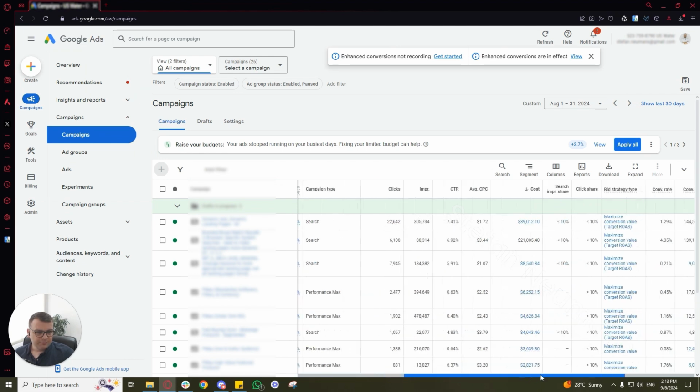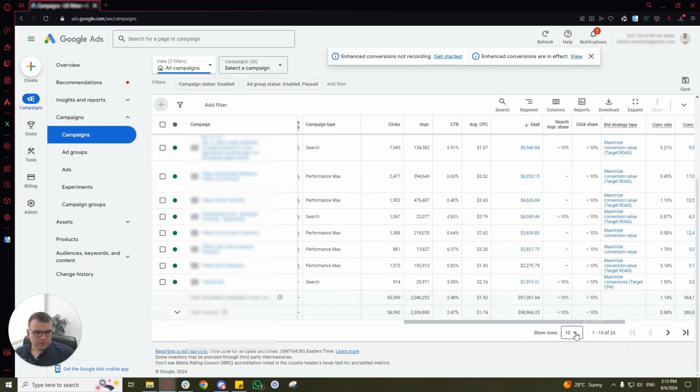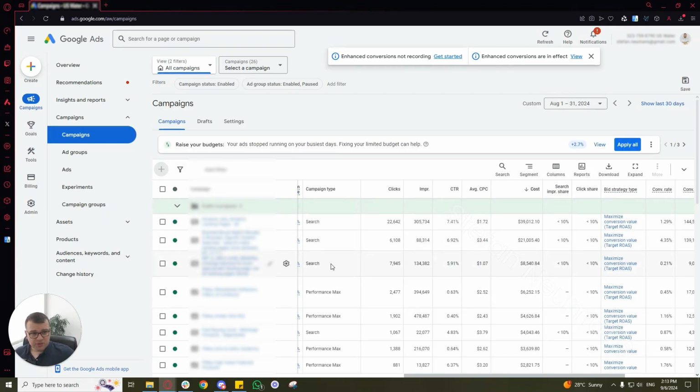So here, for example, it's a very search heavy account with 26 campaigns. Now, the problem is it's very search heavy in volume, where, for example, this particular bit here, 40K, so 40% of the entire spend is spent on dynamic search ads, and an additional 21% of the spend is spent on branded keywords.